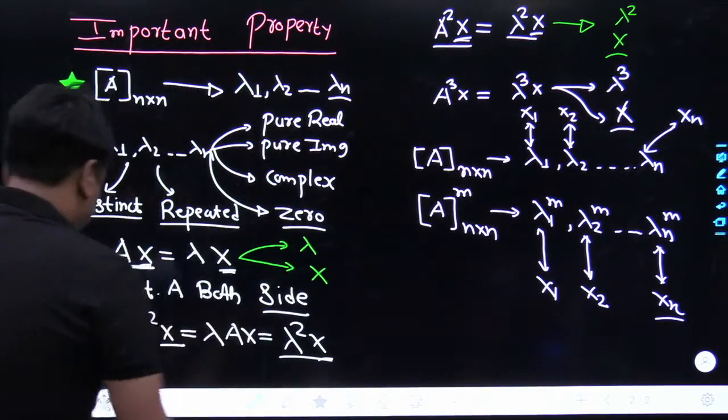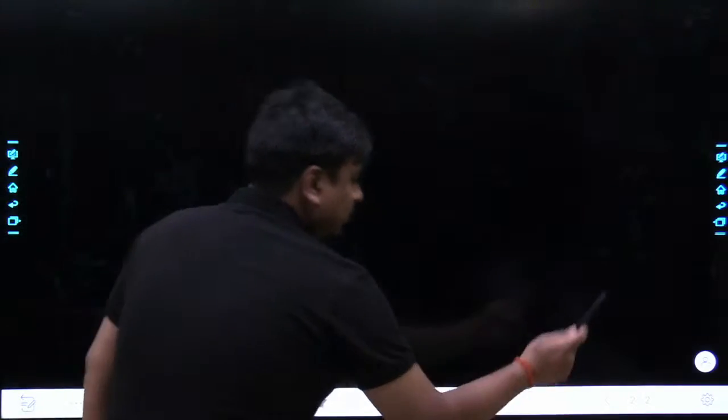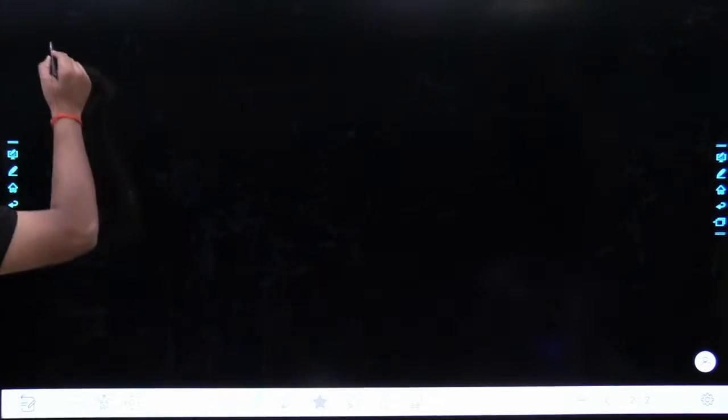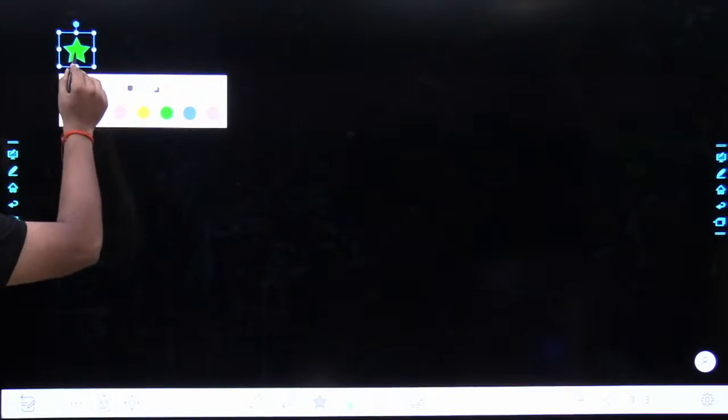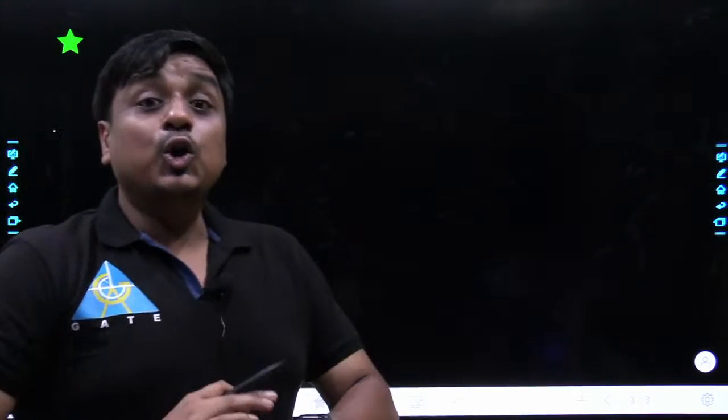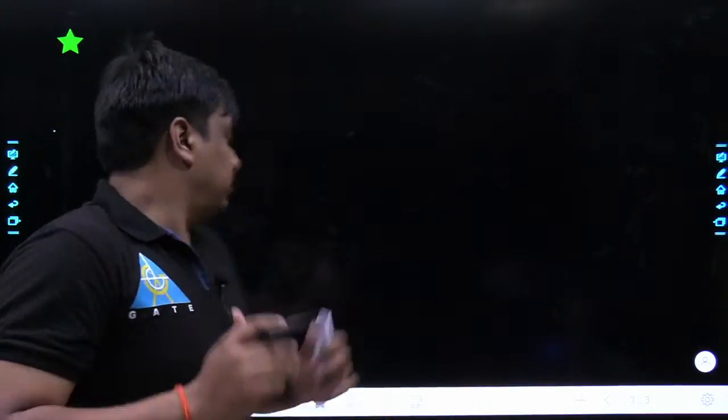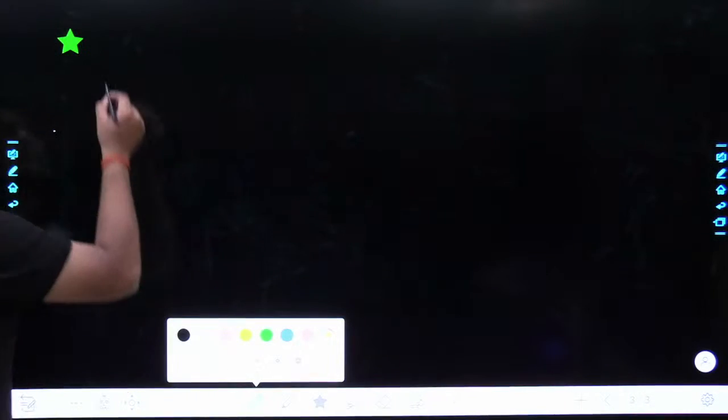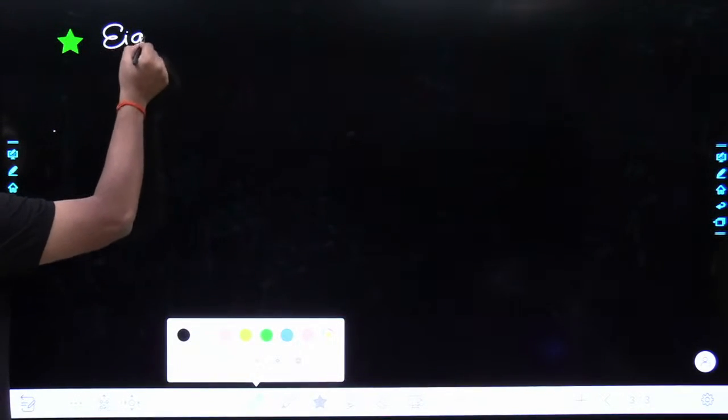So let me go into the next page, and let's take the next important point. Eigenvectors are non-unique vectors or non-unique column matrices. So write down this also. You have seen that, no?